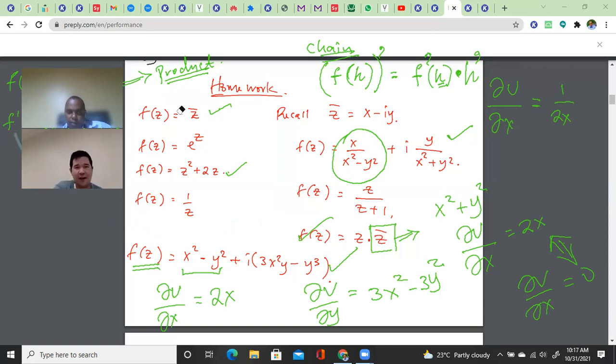Which you didn't mark actually. This one, and this one. Yes, this one is okay. I think I can do it by myself. 1 over z, it's 1 over x plus iy. Yes, it's not difficult.